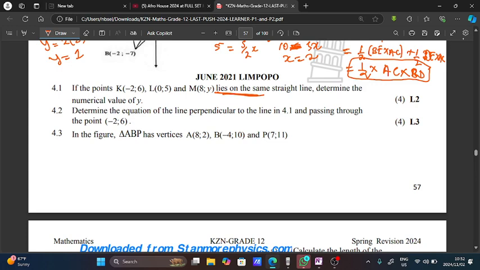You use the gradient formula. The rule: you must say collinear points, then you must equate the gradients and solve. So you must equate the gradients.